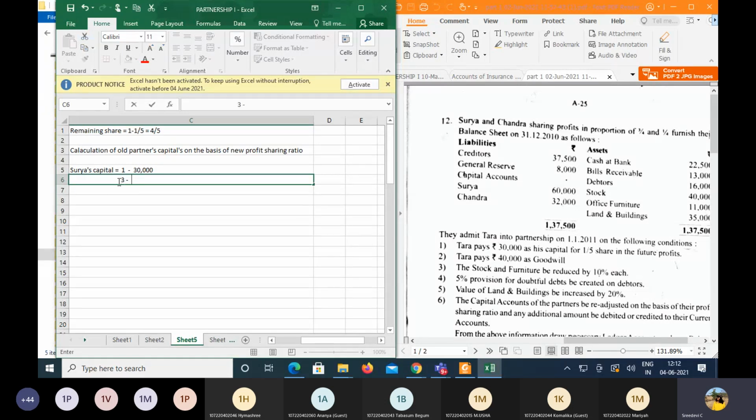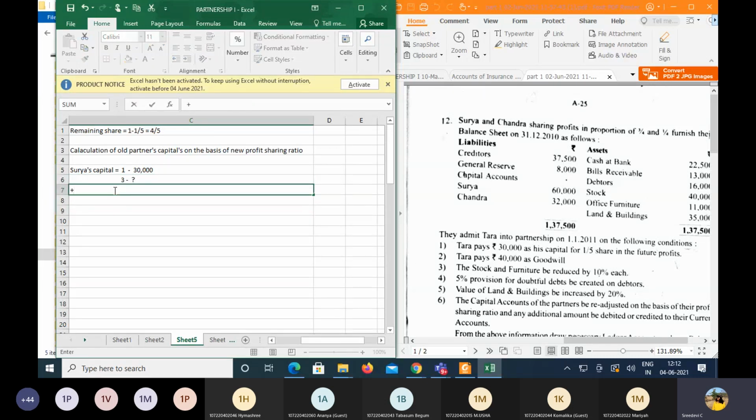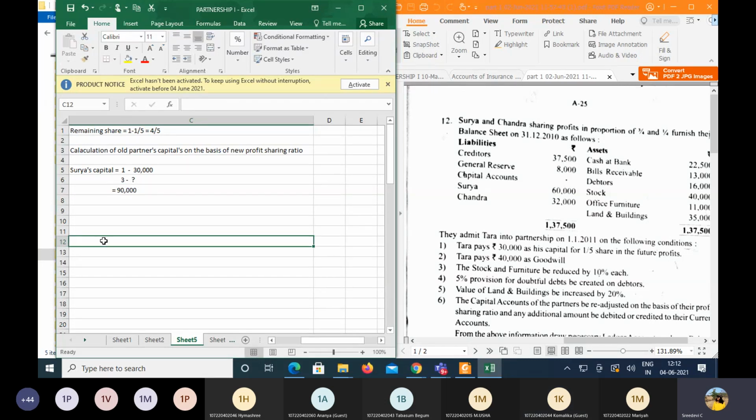For a proportion of 3 parts in the profits, what should be the capital of Surya? How much will it be? 90,000. Hence, his capital should be maintained at 90,000 in the firm.